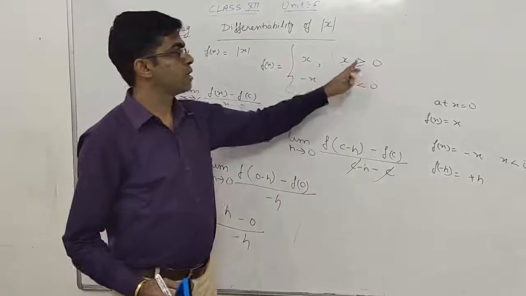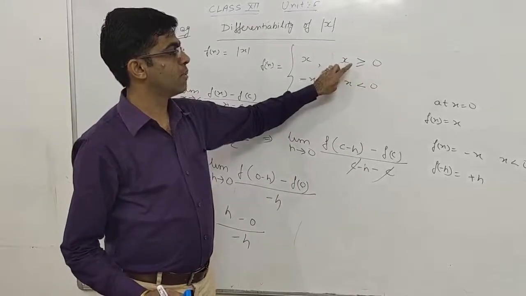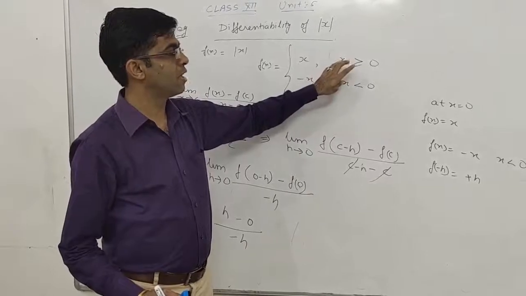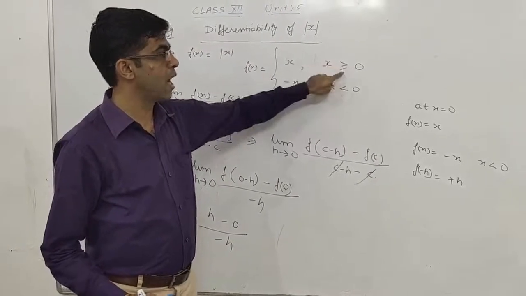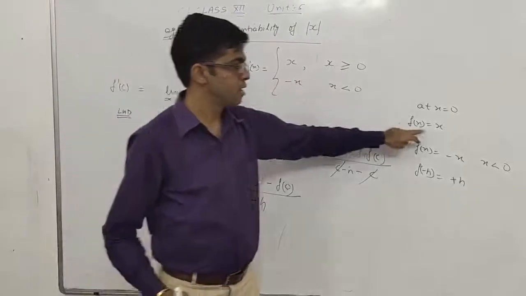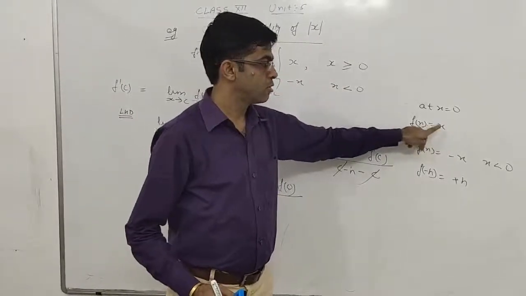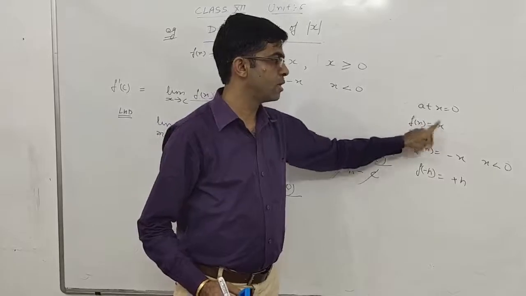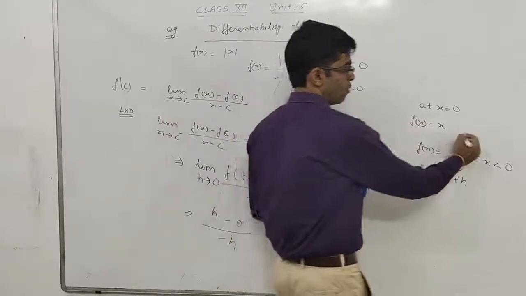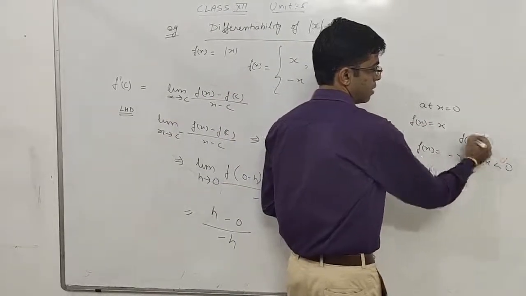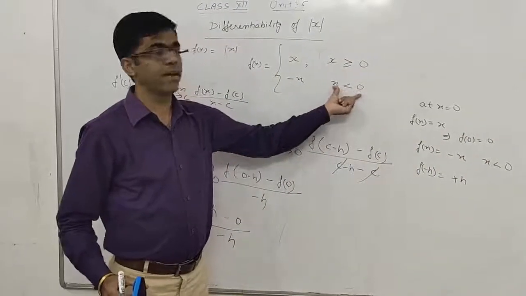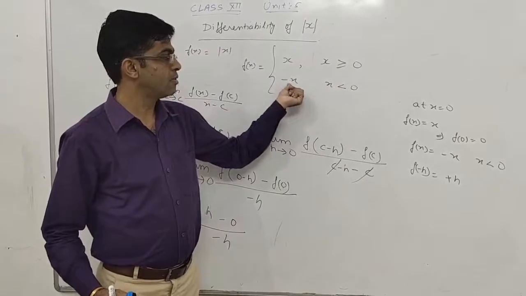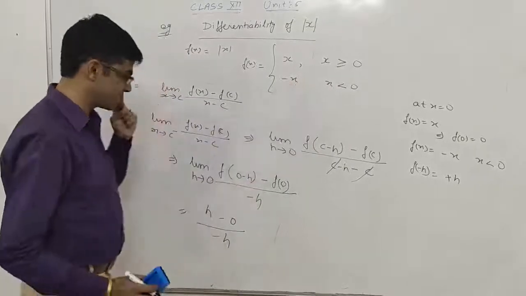We are checking the function at 0, greater than 0 and less than 0. So at 0 the function is x, which means f of 0 is simply 0. Now for less than 0 there is a different definition: for less than 0, minus x is the function.